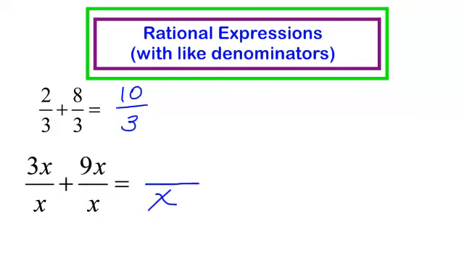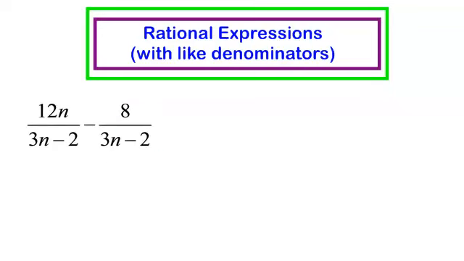Well, just add the numerator. 3x plus 9x is 12x. Oh, but wait a second. We can reduce. In the numerator, I do have 12 times x over x. And yes, those x's will cancel out. Your answer is simply 12.